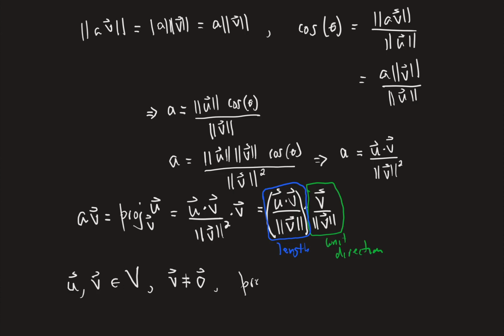Then the projection of U onto V is equal to, and now instead of doing dot products and magnitudes, let's write everything in terms of an inner product. So remember, we can replace the dot product with the inner product of U and V like that.